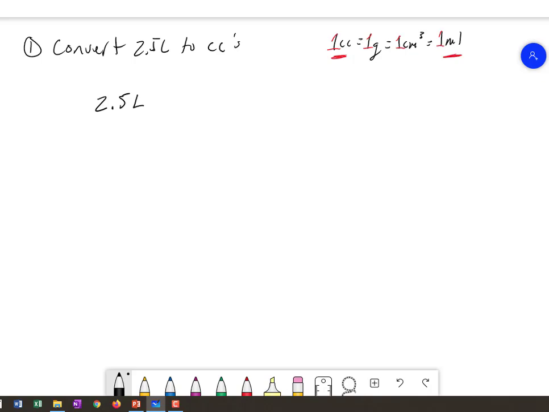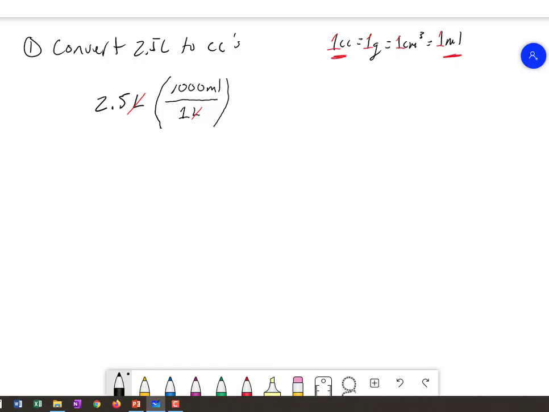so we can use that conversion in order to get into cubic centimeters. So here we have liters, and I know that we can convert liters into milliliters. So basically we would just multiply this by the equivalent of 1. Now what we're trying to get rid of is liters, so I'm going to have 1 liter on the bottom here. That will allow me to cross cancel out liters eventually.